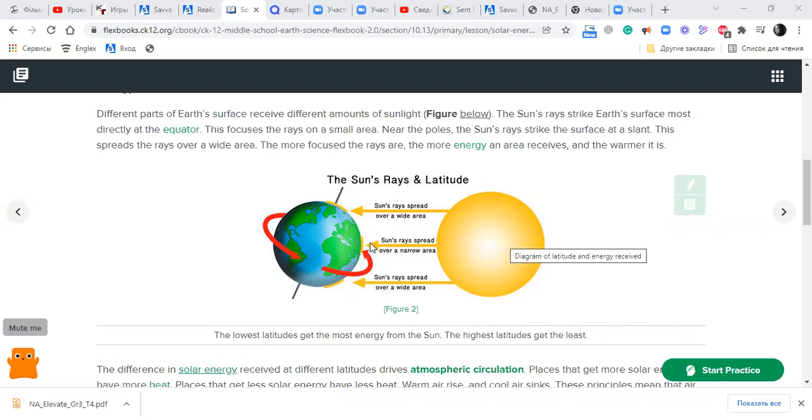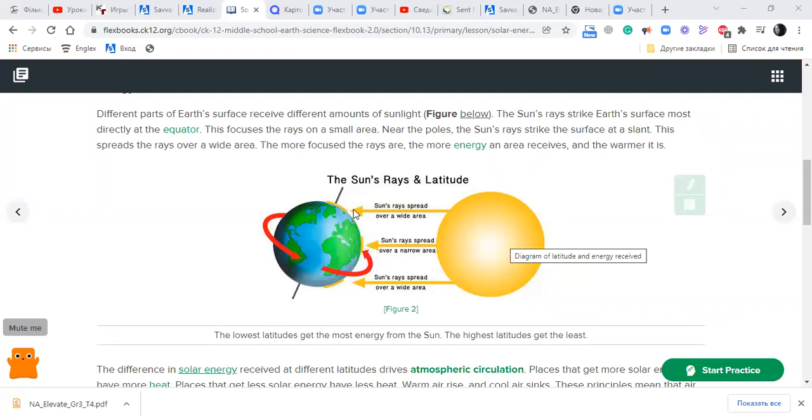Right in the middle, the sun rays hit the Earth directly. The angle is 90 degrees. So this equator territory of the Earth is heated the most because it gets the most sunlight.